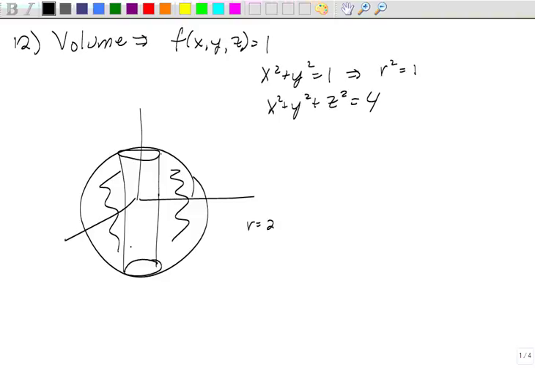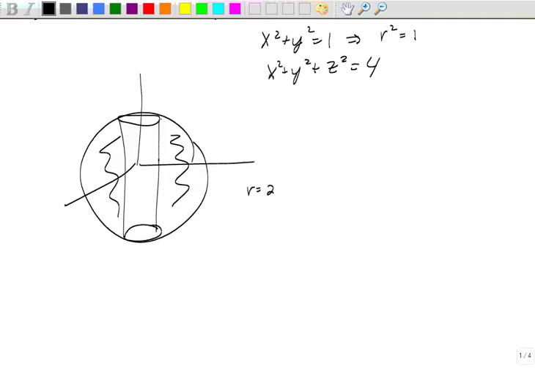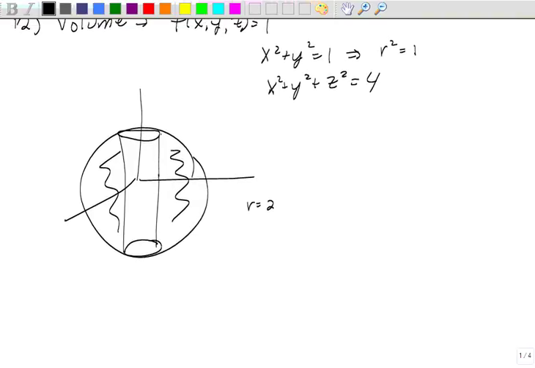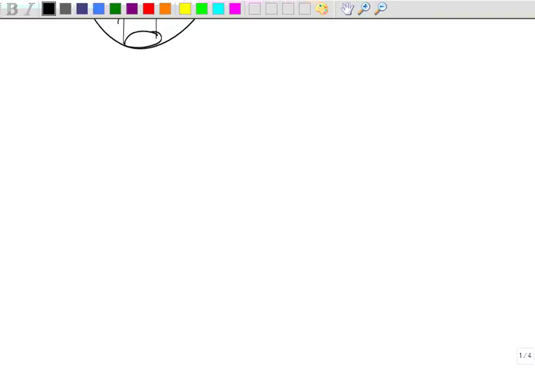Okay, let me read the problem. Okay, 14. Find the volume of solid, 12, sorry. Find the volume of solid that lies within both the cylinder and the sphere. So let's just do the first octant and then multiply by 8 because there's 8 octants.